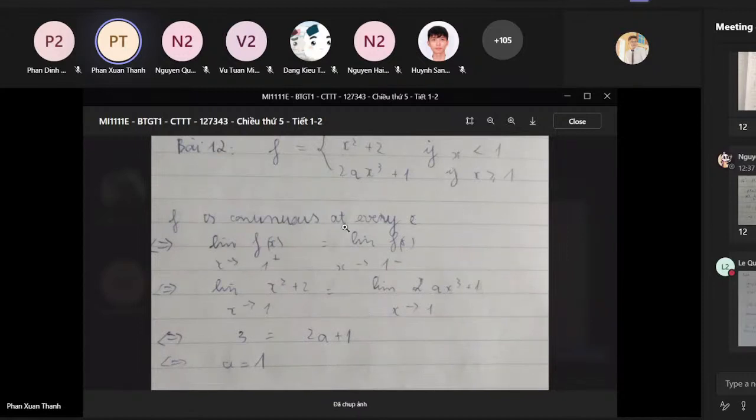So f is continuous at every x if and only if f left hand limit is. Oh, as I said, most of students.